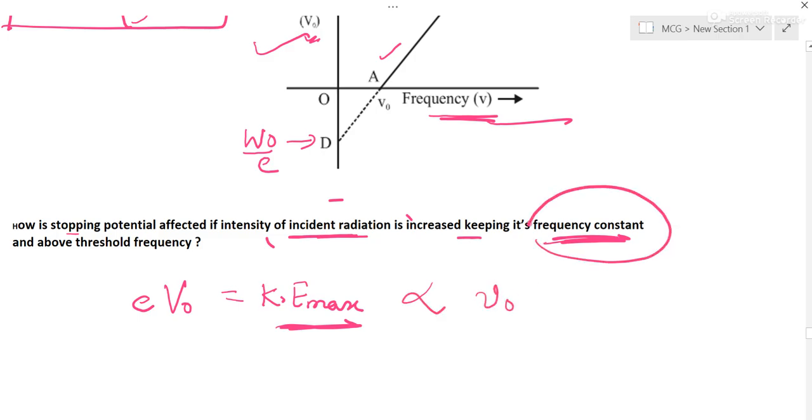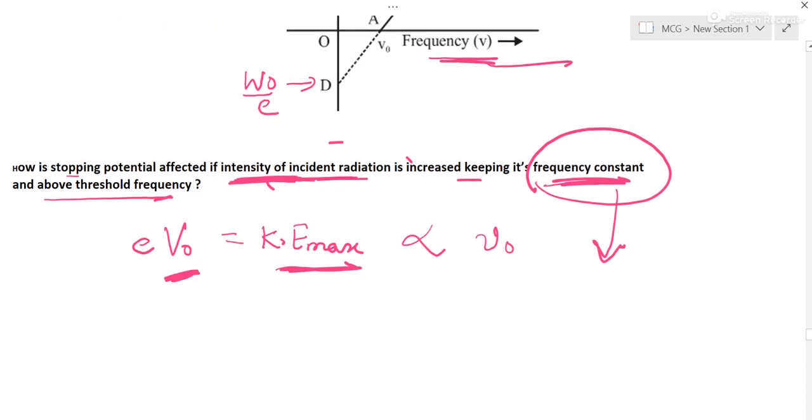So if we keep frequency constant, stopping potential is going to be constant. No matter how high you increase the intensity, if the frequency remains constant and above threshold frequency, stopping potential will not change. So stopping potential depends upon frequency, not on intensity.